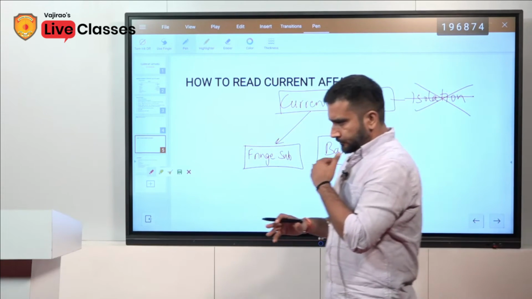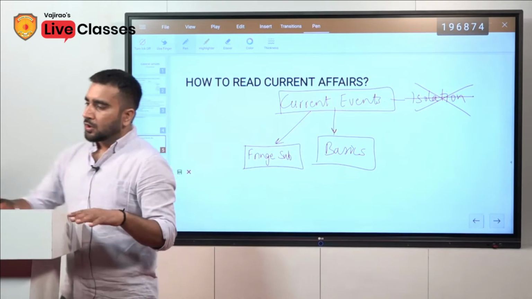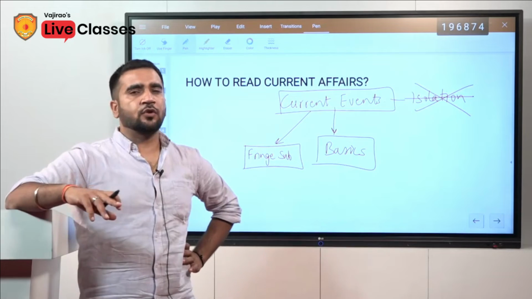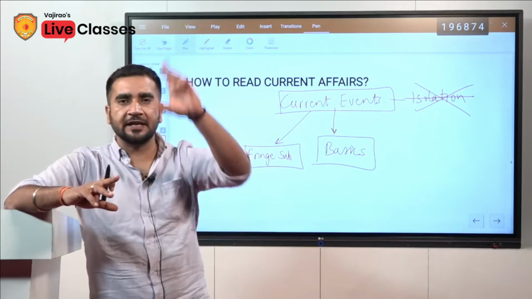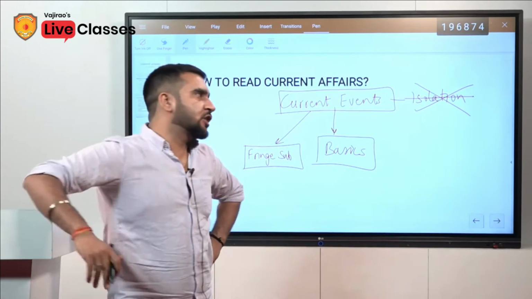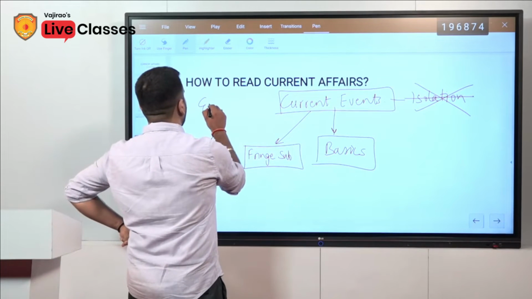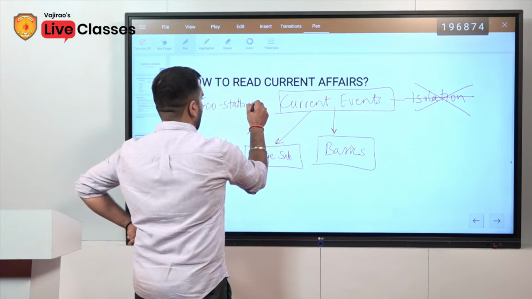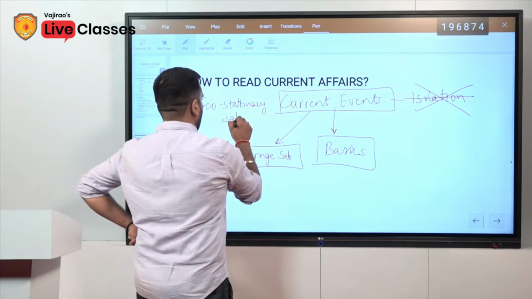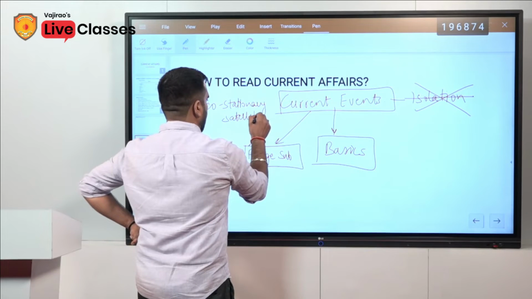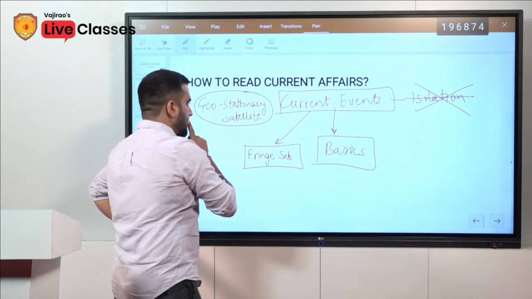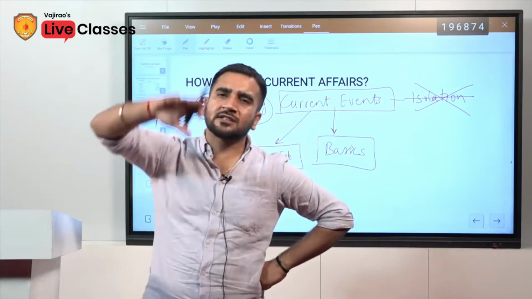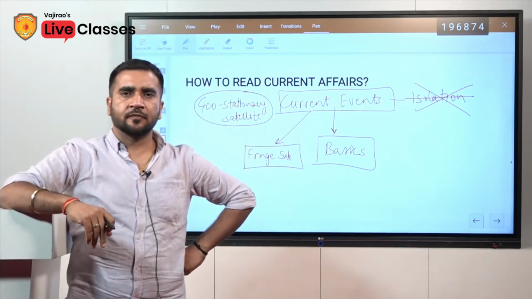Let's suppose ISRO has launched a new project. It has launched a new satellite. It is a geostationary satellite. Geostationary satellites are those satellites which are revolving 36,000 kilometers above the Earth's surface.